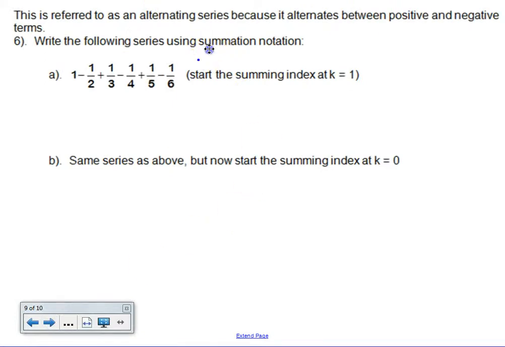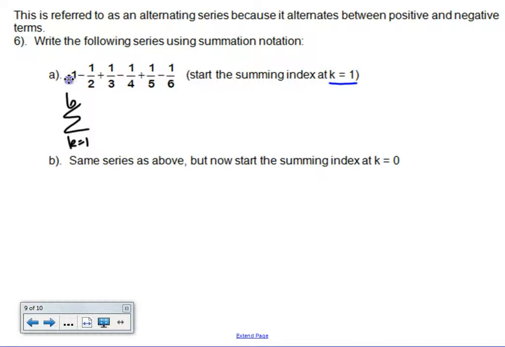Now we have another alternating series, and we've already seen this before. They want us to start this series at k equals 1, so they're telling us we must start the index there. So let's go ahead and get that done. K equals 1, so this is 1, 2, 3, 4, 5, 6, all the way up to 6.